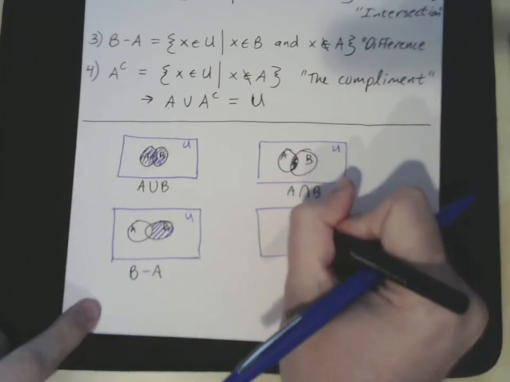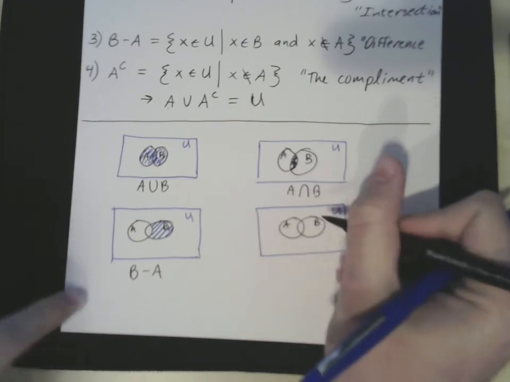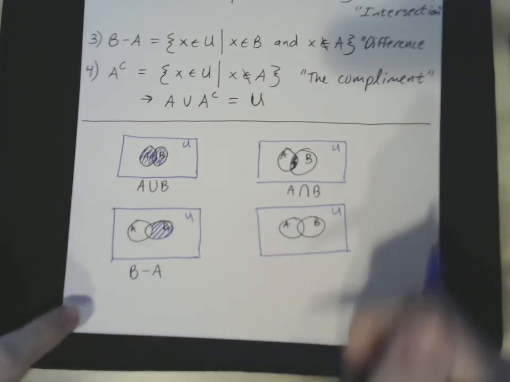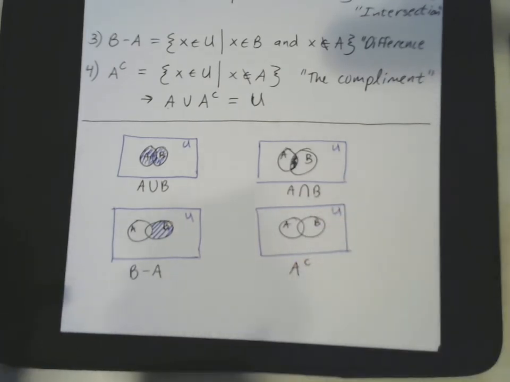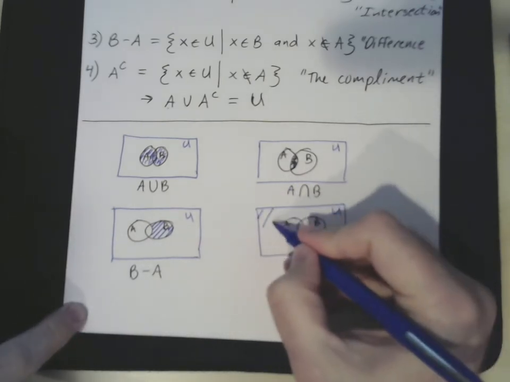And then finally, if we have A and we have B, A complement, it's everything that's not in A. So that is all of this.